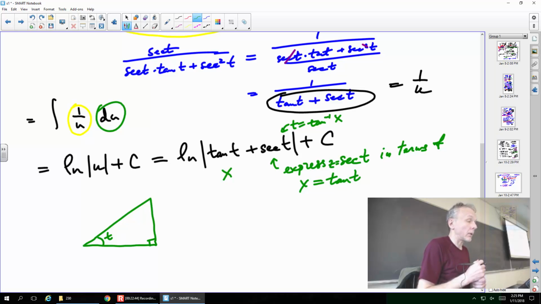Can you find x? Well, x is tangent t, which is sine t over cosine t.